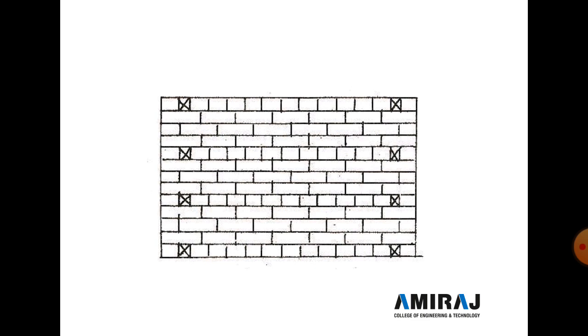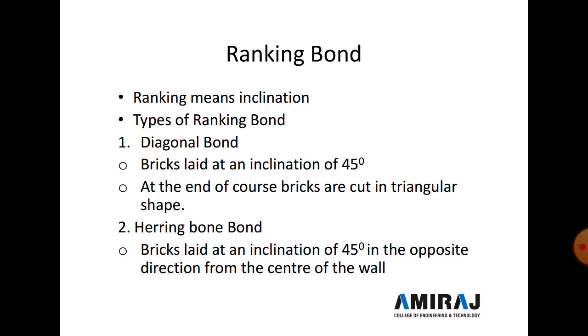In the English bond we put one layer of header and one layer of stretcher alternately. But in the garden wall bond, one layer of header is provided, then 3 to 4 layers of stretchers, and then one layer of header. These are the main differences between the garden wall bond and the English bond.